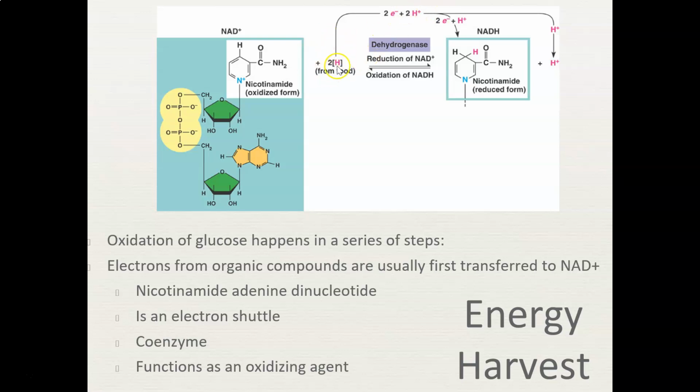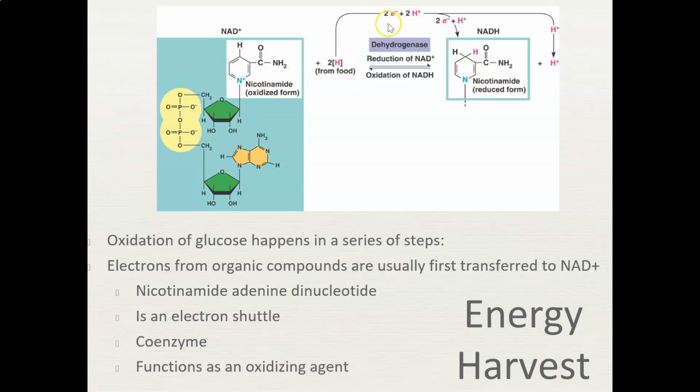We're going to take those hydrogens and reduce that NAD+ into NADH by tagging on this extra hydrogen here. You see it? It's not over here, but it is here, and so that gets rid of that plus sign. So this is the reduced form, this is the oxidized form.